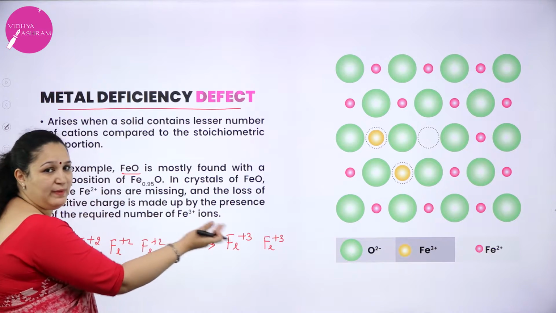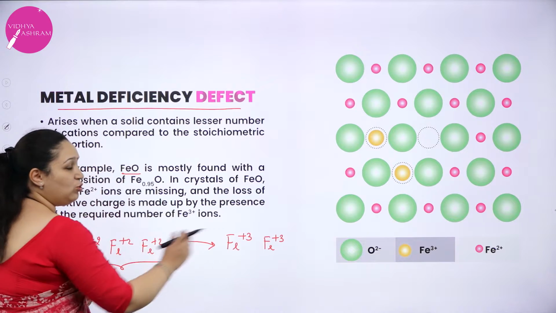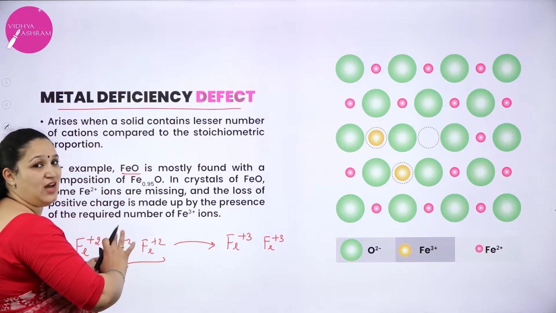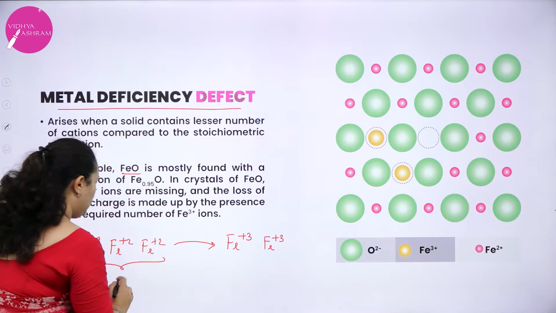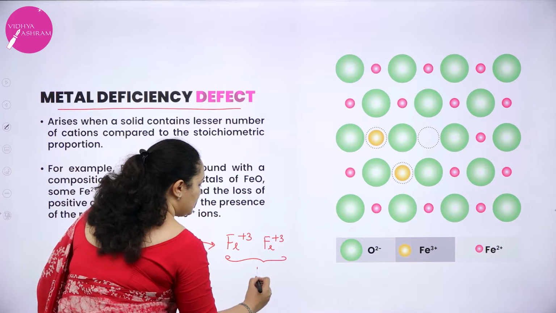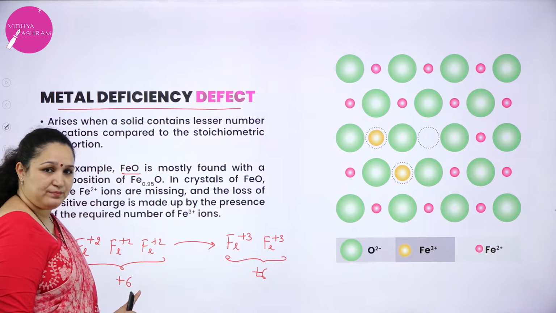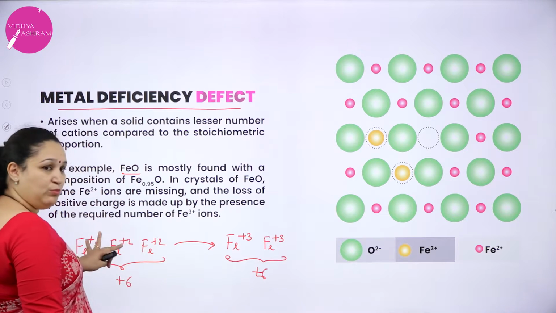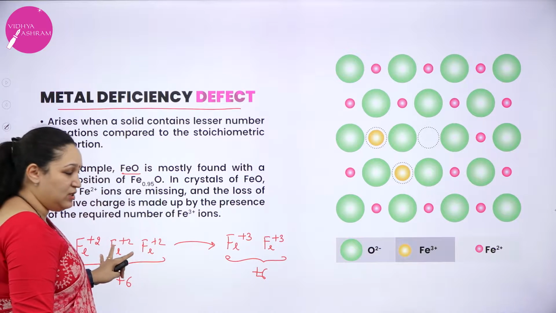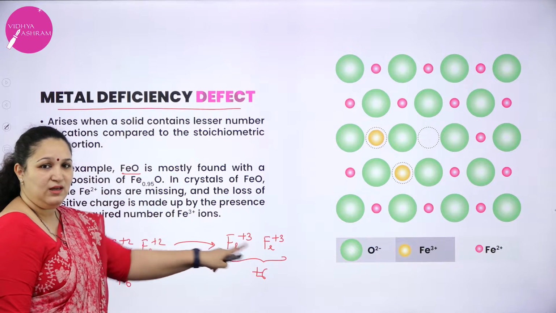Ferrous ions will be replaced with ferric ions, but only 2 will come. Why? See the charge. Here plus 2 plus 2 plus 2, how much charge? Plus 6. Plus 3 and plus 3, charge is plus 6. Electrical neutrality should be maintained. So, if I remove 3 Fe plus 2 ions, 2 Fe plus 3 ions can be replacing them.